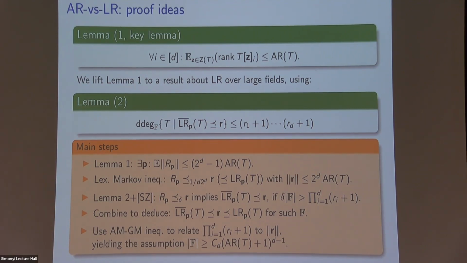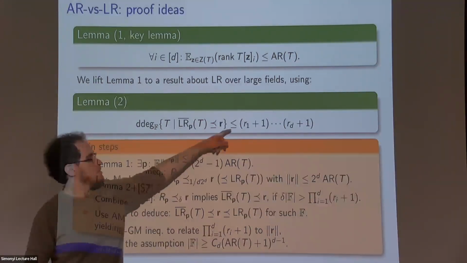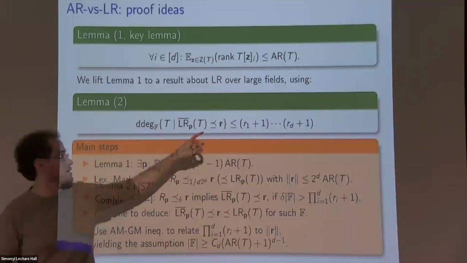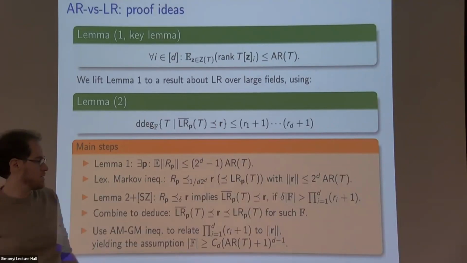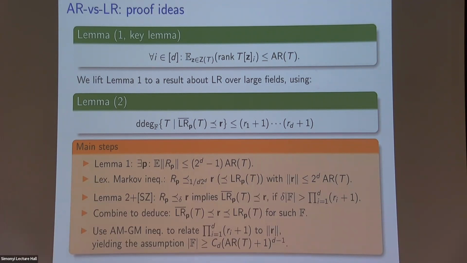Combining this all together, we get our result, assuming that the field size is larger than this quantity, but this quantity again depends on R. This product can be related to the weighted sum of the R_i by the arithmetic-geometric means inequality. And if you do it carefully, you get exactly the assumption that I mentioned before. And that's it. I'll stop here.